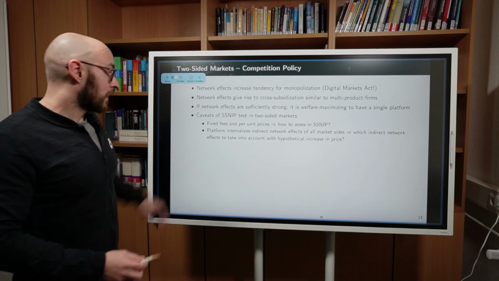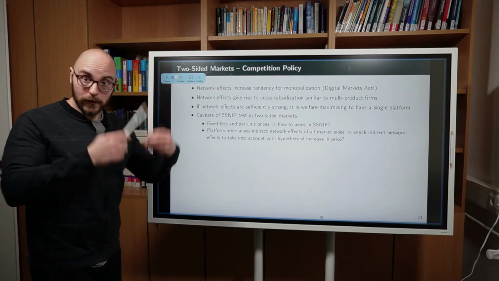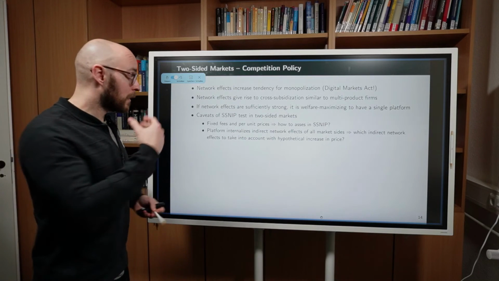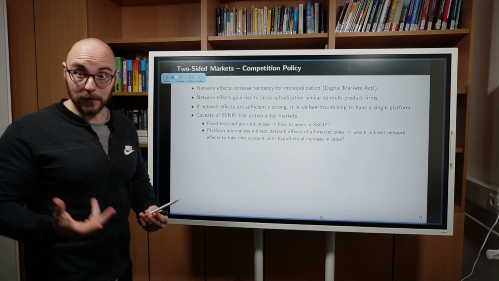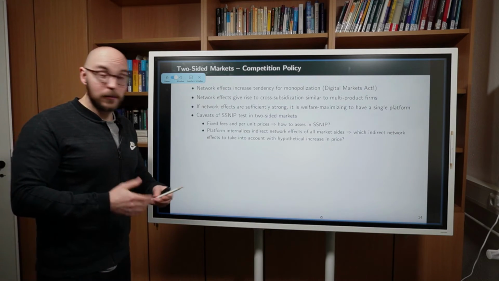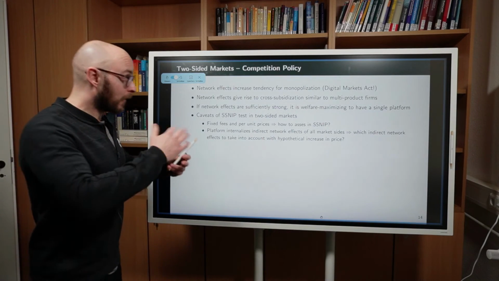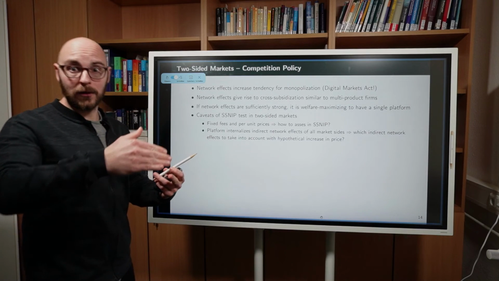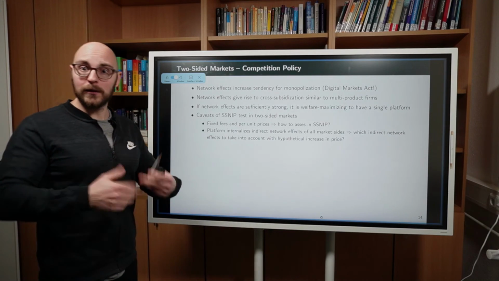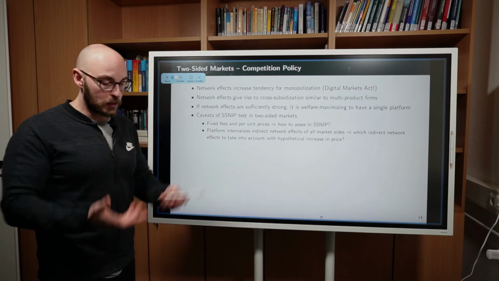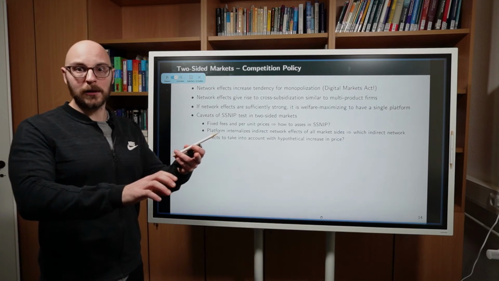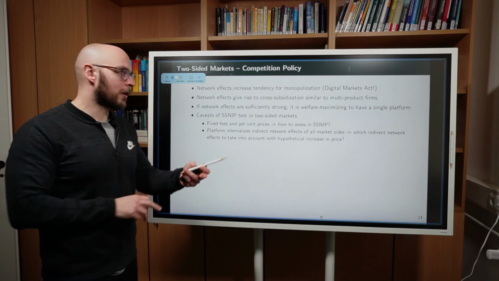And it's also important to take into account that when we do that SNIPP test, there are indirect network externalities. So probably a monopolist, even if it's a monopolist, will have fixed fees very low for one market side, so that increasing prices on that market side doesn't make sense, because the monopolist loses too many participants on the other market side due to the strong network externalities.